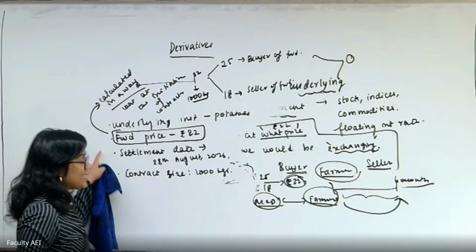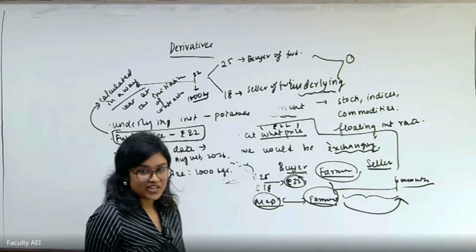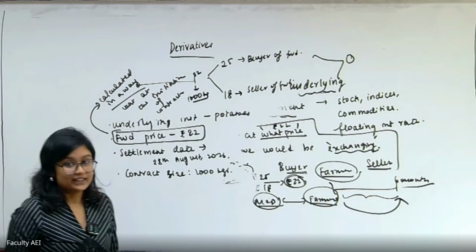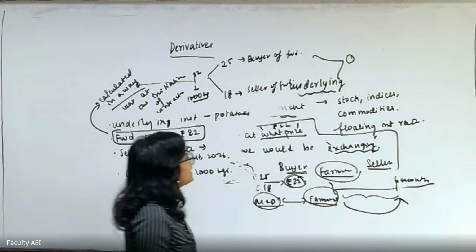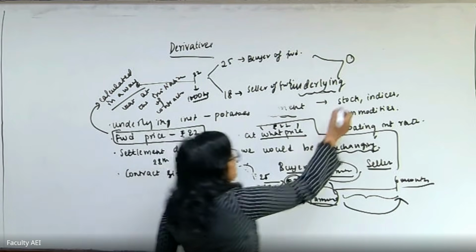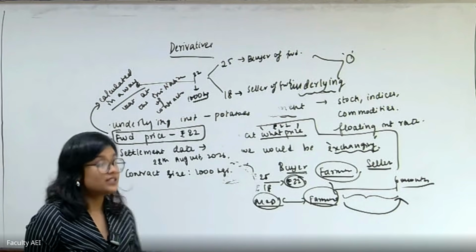The forward price is such a price that when the contract has been initiated, the value of this forward contract, under which after 6 months they would be exchanging potatoes, to both McDonald's and the farmer, would be zero. So the value of the forward contract at initiation is zero.